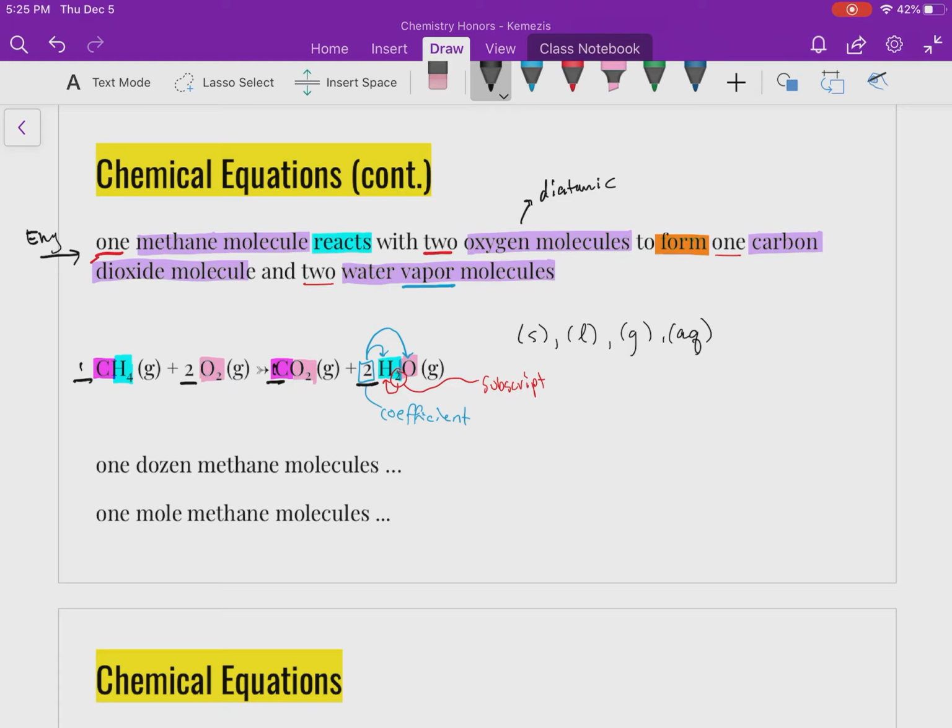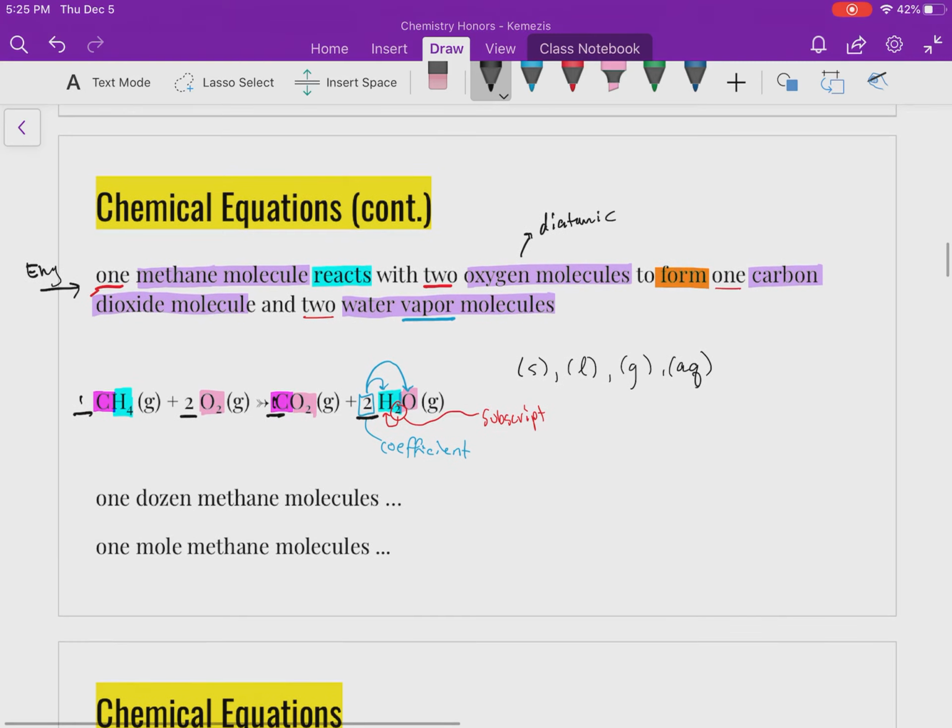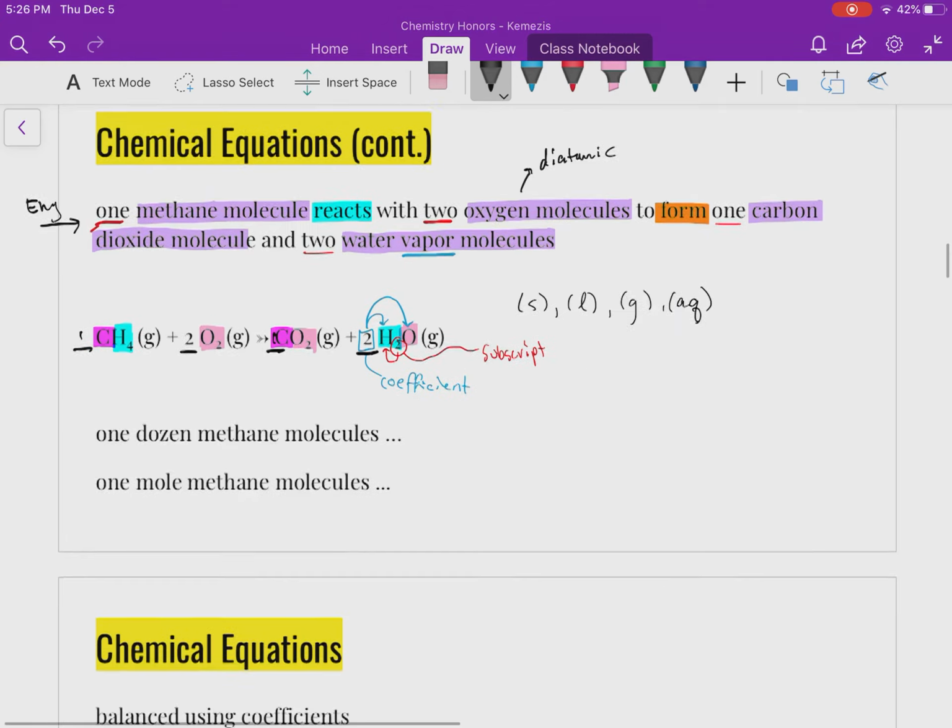As long as your ratio stays the same, 12 to 24 is a 1 to 2 ratio, just like we have in this coefficient. When you're balancing these equations, you just need to make sure that you have the most simplified version of your coefficients. So if you did 2, 4, 2, 4, that's the same thing as a 1 to 2 to 1 to 2 ratio. So just simplify your ratios as much as you can.